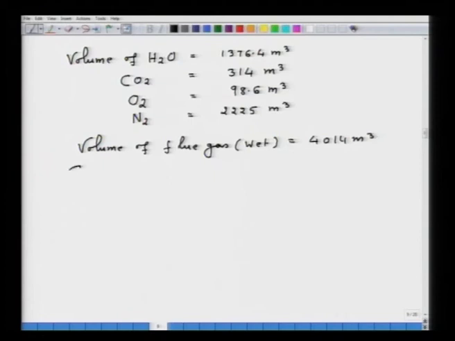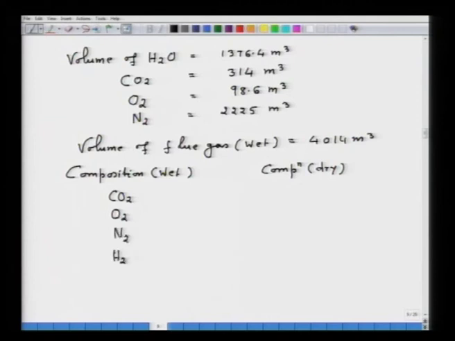Then you have to calculate the composition on wet basis, and you have to also calculate the composition on dry basis. So, we have CO2, O2, nitrogen and H2O.